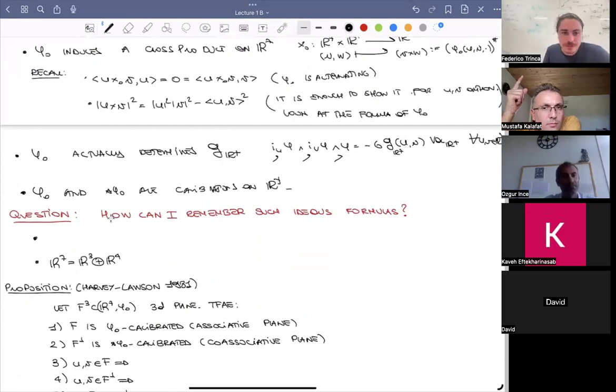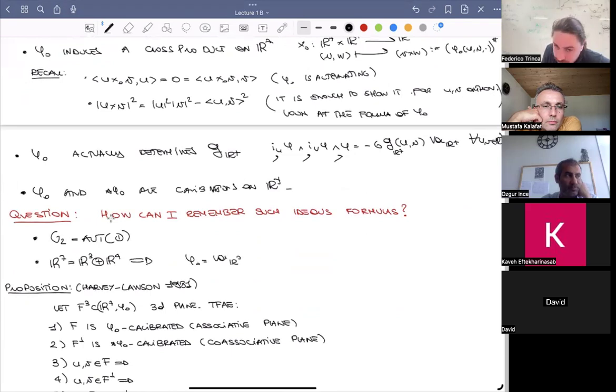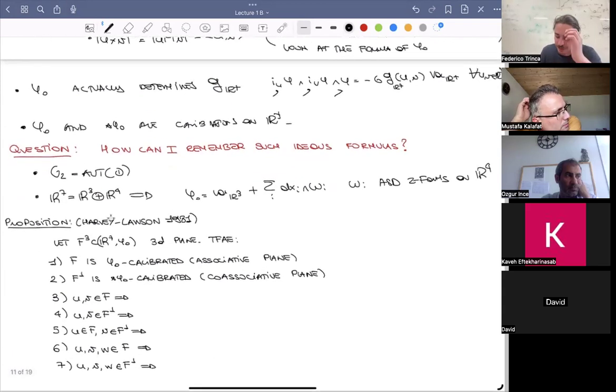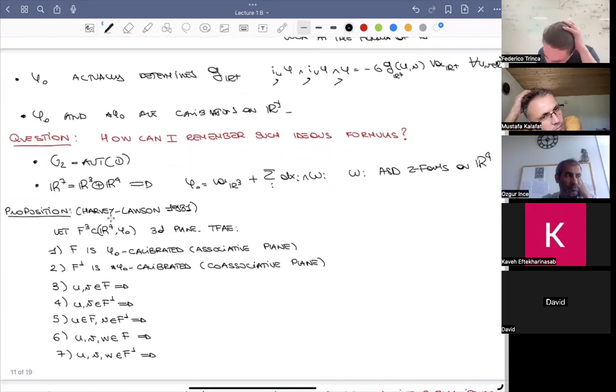The final way to interpret this very hideous formula is by looking at G2 as the automorphism group of the octonions, or by splitting R7 as R3 plus R4, in which case phi naught becomes the volume form of R3 plus the sum over i of dx_i wedge omega_i, where omega_i are the anti-self-dual 2-forms on R4. And this is just by inspection again.